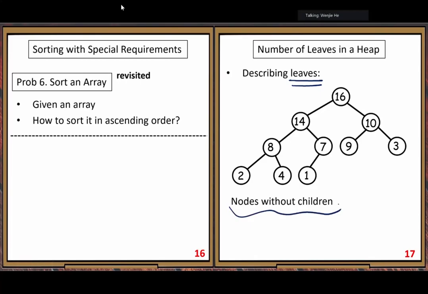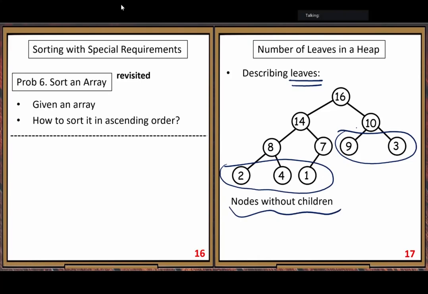Leaf nodes. So here in this figure, we have 5 leaf nodes. Other than the leaf nodes, the remaining nodes are not leaf nodes.